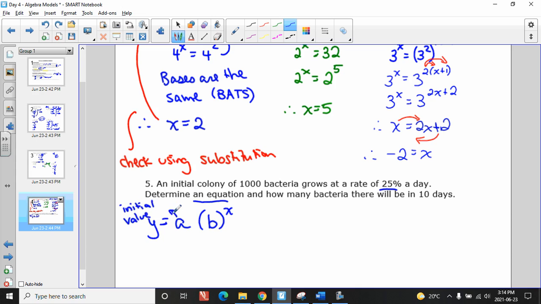That's what the a is. In this question, we're told the initial colony is 1,000 bacteria, and this other piece has to do with the growth. That's what we're doing with the power, multiplying by some base again and again every day, and that's going to grow the bacteria population.